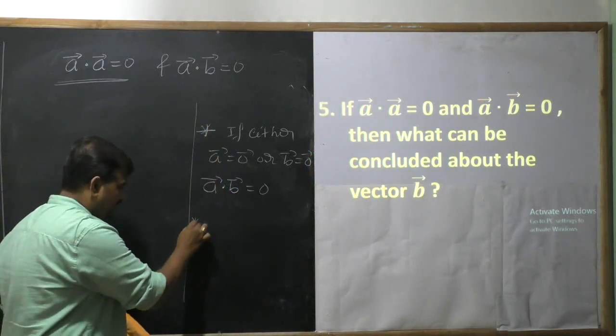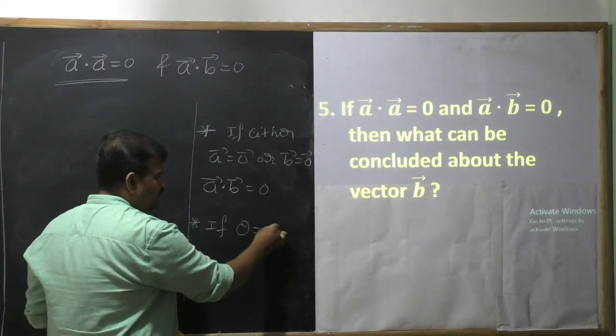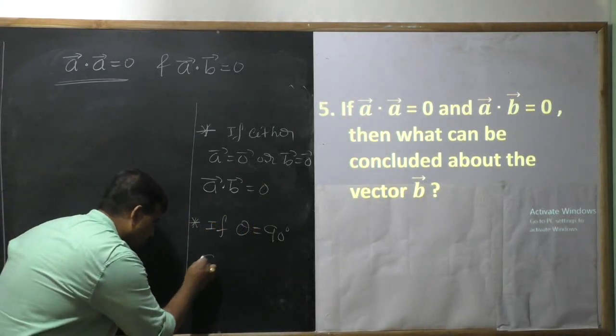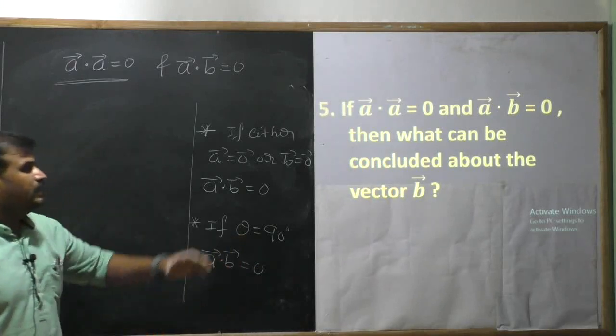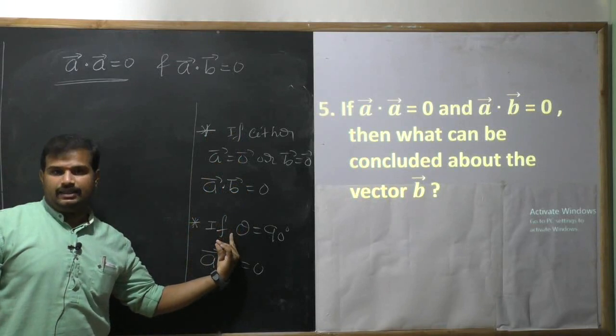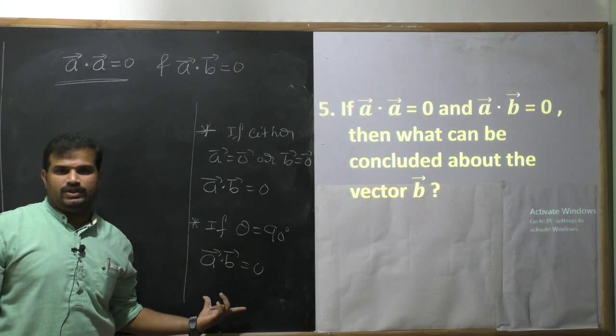The second possibility is if theta is equal to 90 degrees. If theta is equal to 90 degrees, then also a dot b is 0. Either one of the two being 0 gives 0, or the angle being 90 degrees gives a dot b equal to 0.